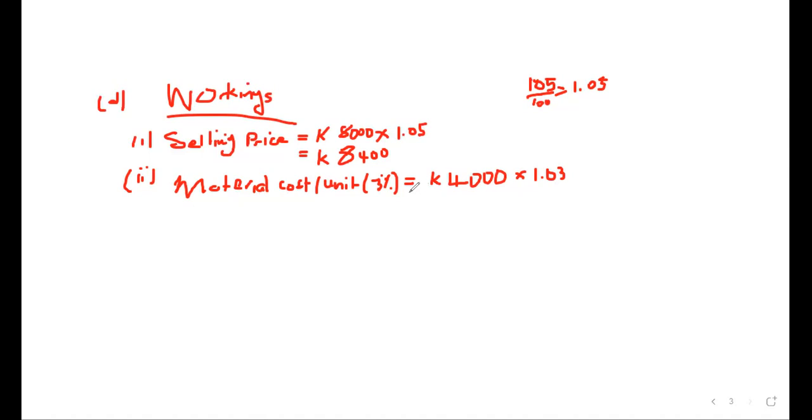Okay, and what are we going to get? Our new material cost per unit is going to be 4,120 kwacha per unit.